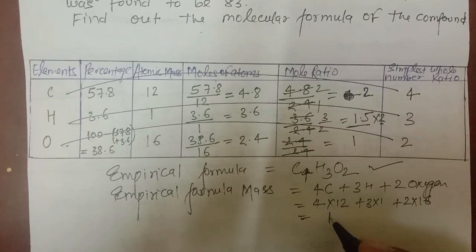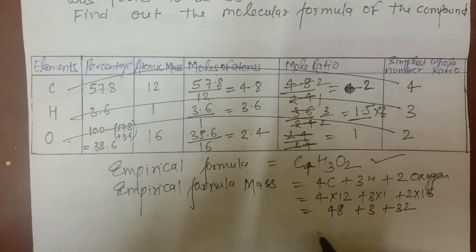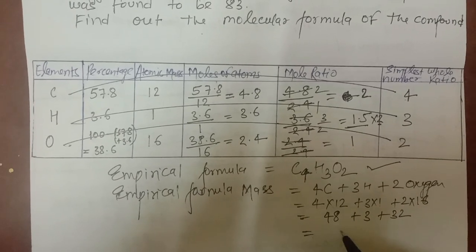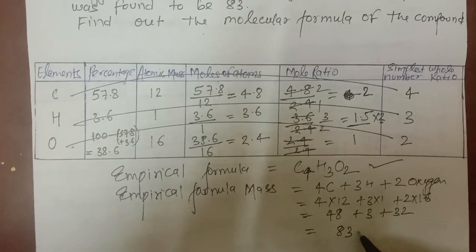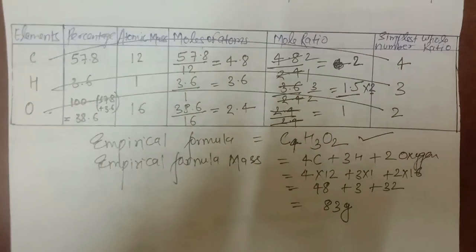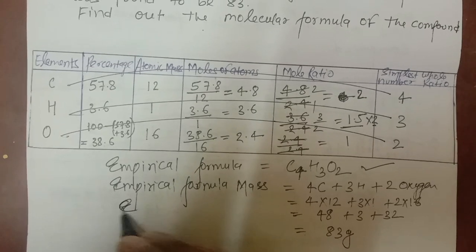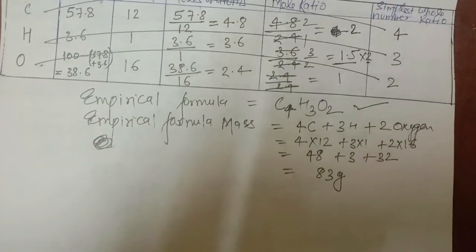So here 48 plus 3 plus 32. By adding, you will get 83 gram. Here we got the empirical formula mass equal to 83 gram. Okay, up to this is very easy.